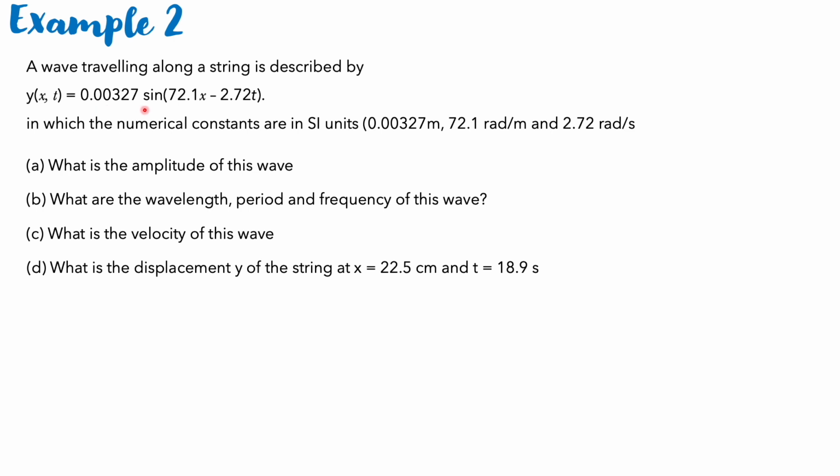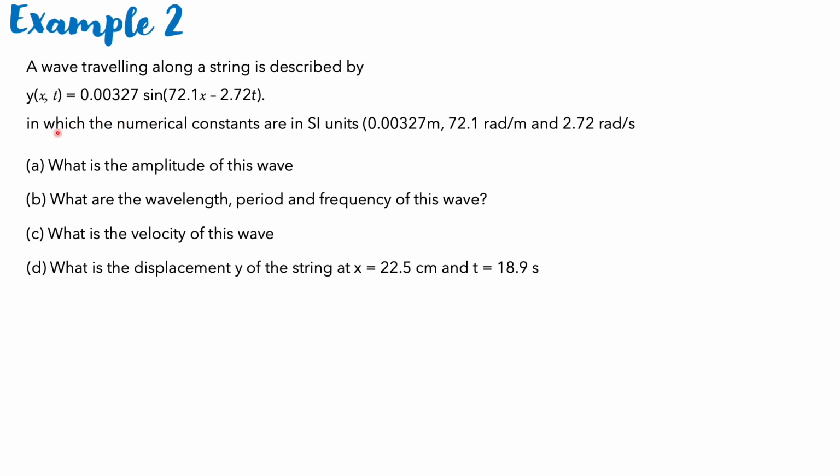The term that is given before the sine function represents amplitude. Inside the sine function, there are usually two terms. The term which has t, or time, with it is the angular frequency, and the term which has x with it is the wave number.